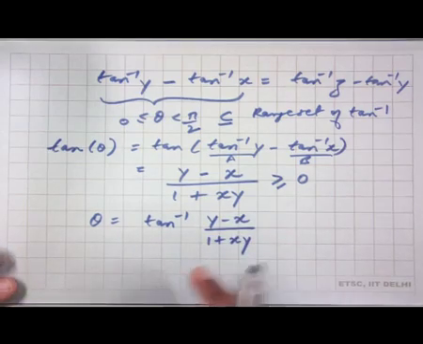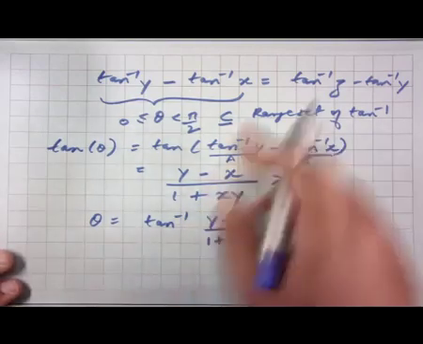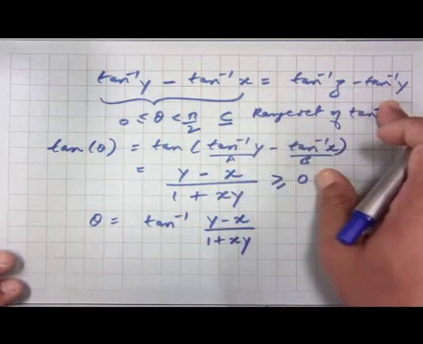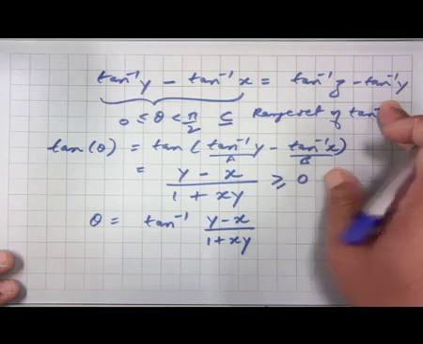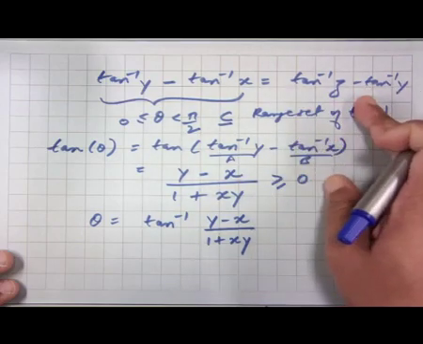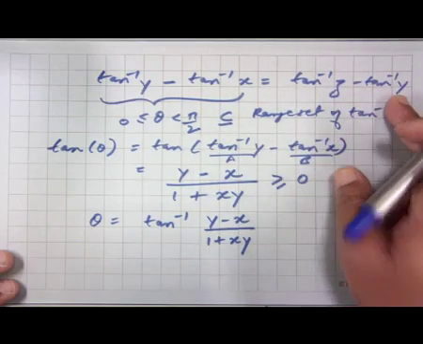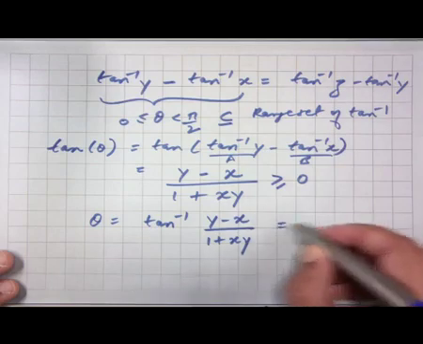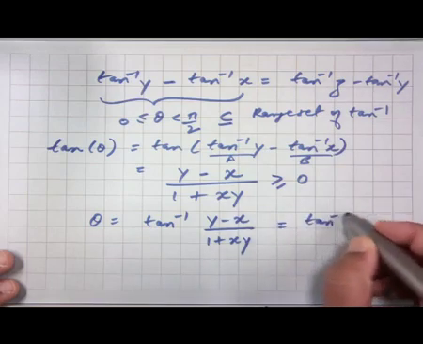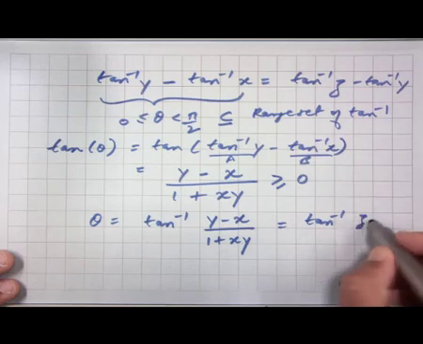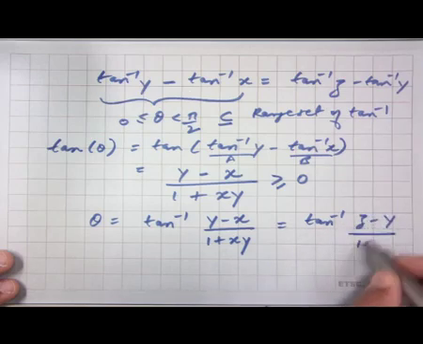And similarly, the same thing can be done for the right hand side. So, the right hand side here, which is tan inverse z minus tan inverse y, will come out to be equal to tan inverse of (z minus y) over (1 plus z y).